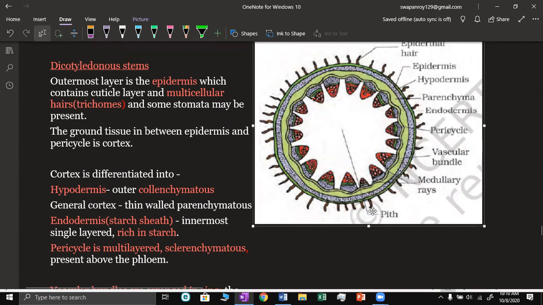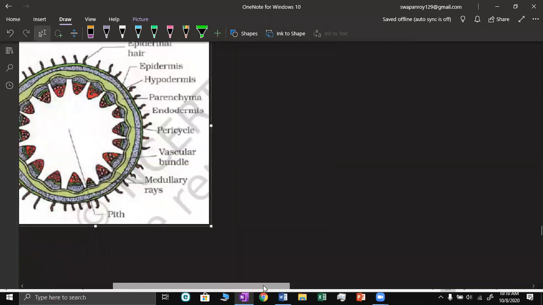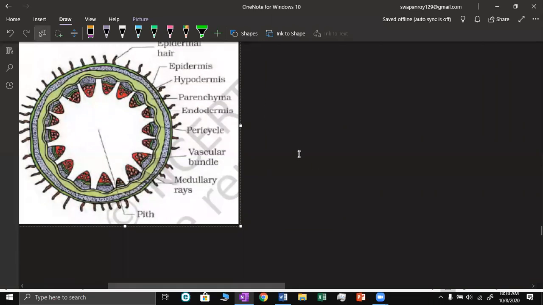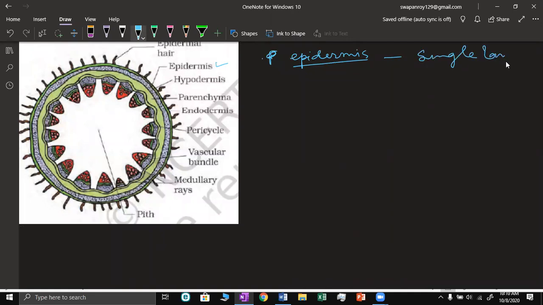If we see a transverse section of the dicot stem, from outside to inside, the outermost layer is the epidermis. This is a single layer of cells, followed by the cortex.